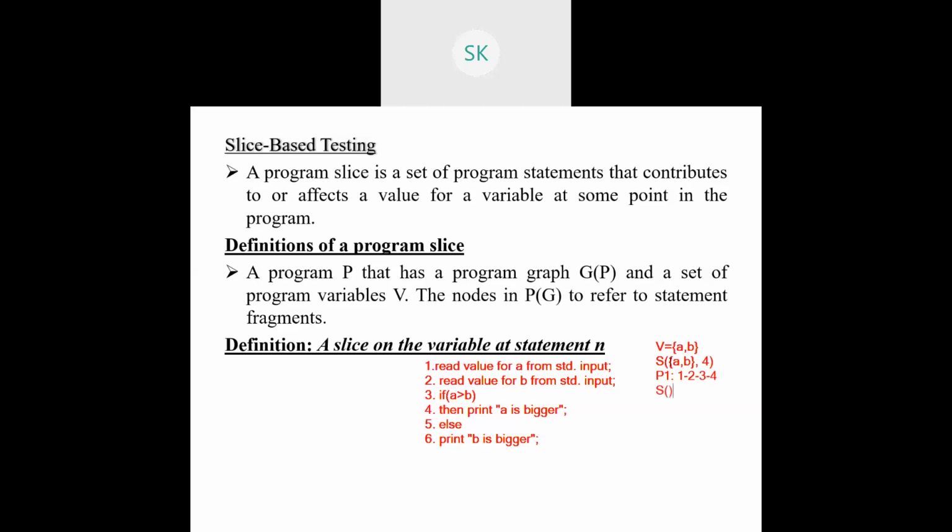Similarly, if I take a single variable, say for example A, with respect to the fourth line, there is a lot of change. So this can also be possible. I'm not saying this is wrong. I'm talking about one single variable.